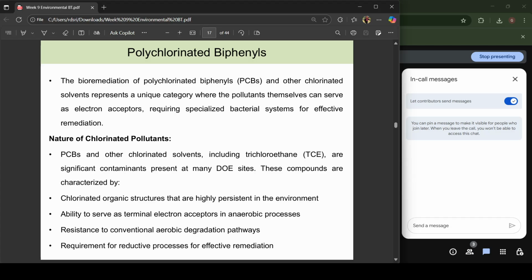Because of the chlorination, these structures are very stable and highly persistent in the environment. They can serve as the terminal electron acceptors in anaerobic processes, and they resist conventional aerobic degradation pathways. So, we need some reductive processes for effective remediation of these chlorinated contaminants.